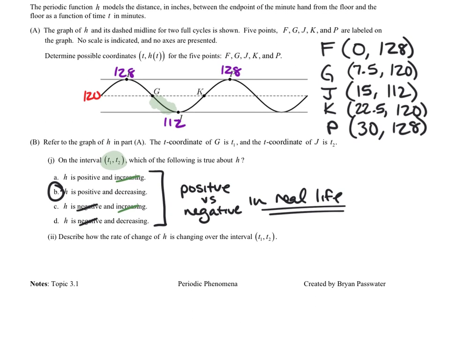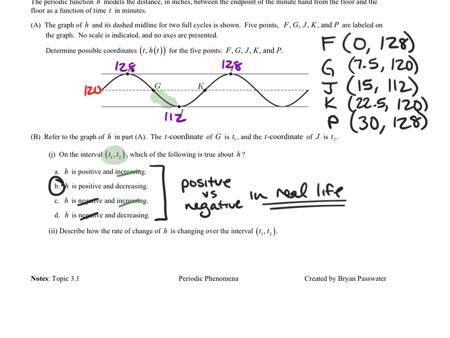Now we will recall in part 2 here the idea of concavity. Part 2 says describe how the rate of change of H is changing. A changing rate of change is asking about concavity. So that section that we highlighted in green, is it concave up or concave down? Concave up. Write that down for yourself right here. This is concave up.